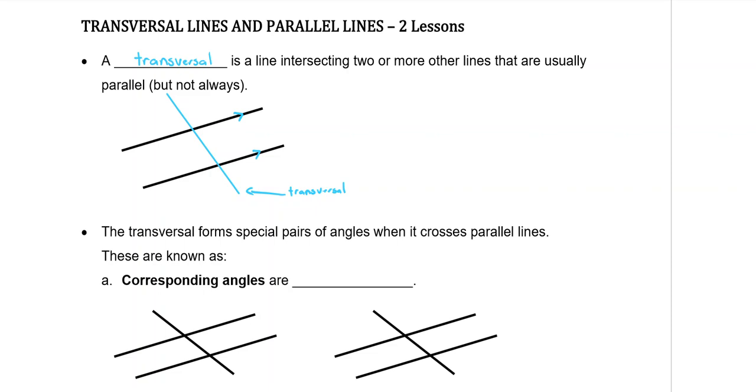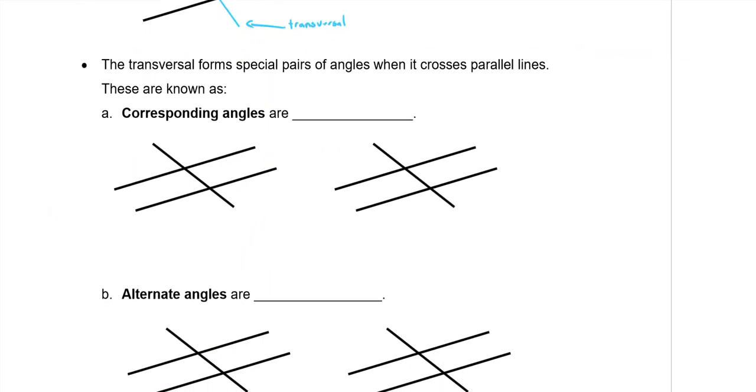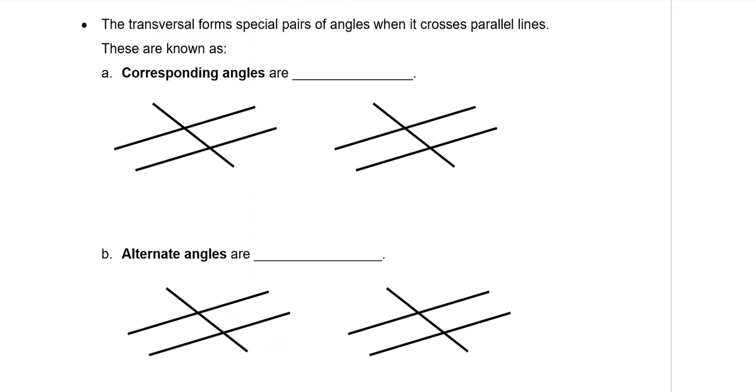So there are three types of angles that we're going to learn about. The first one is called corresponding angles. These angles are always equal. Now, to find these on your parallel lines with your transversal, they're going to make what we call an F shape.